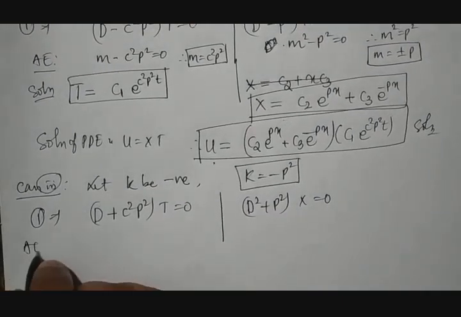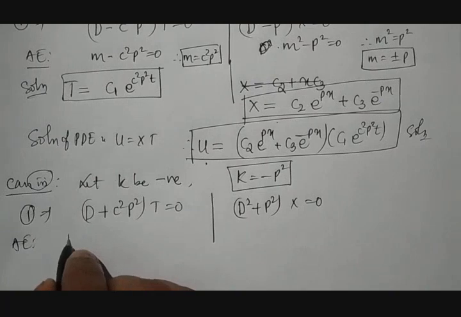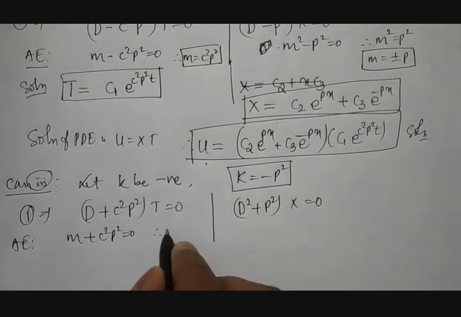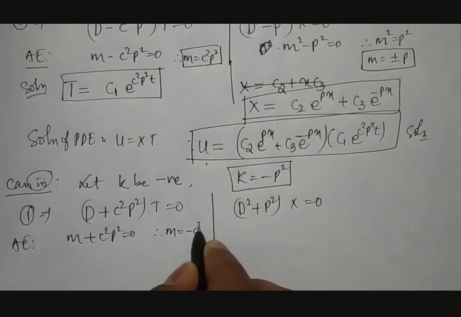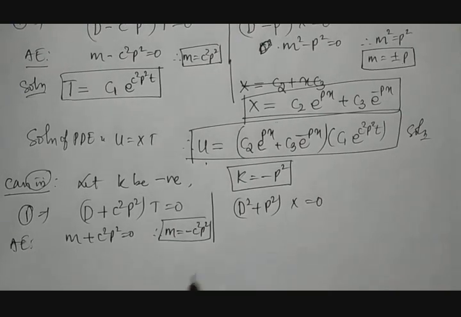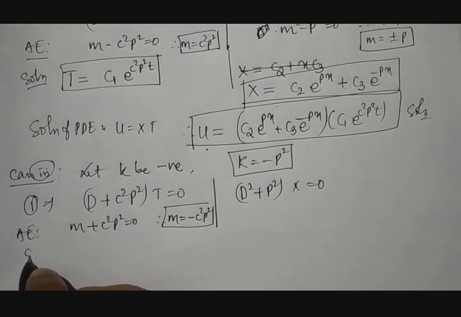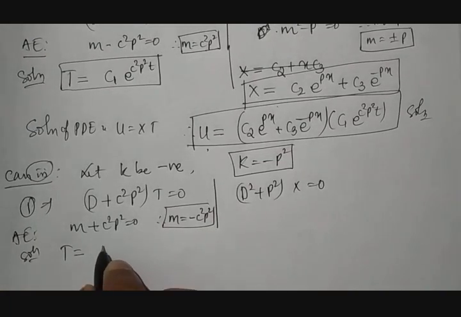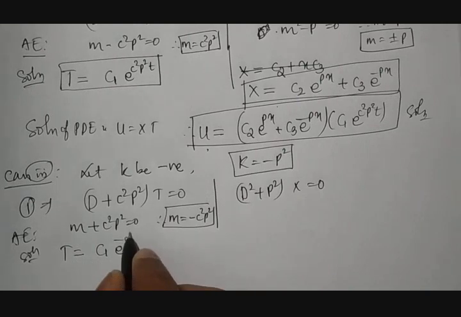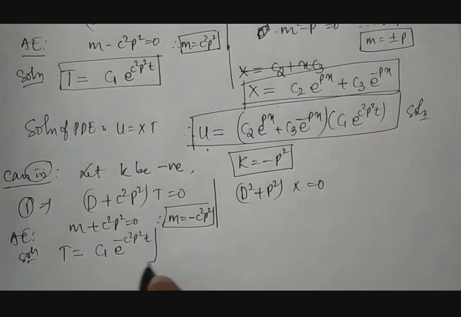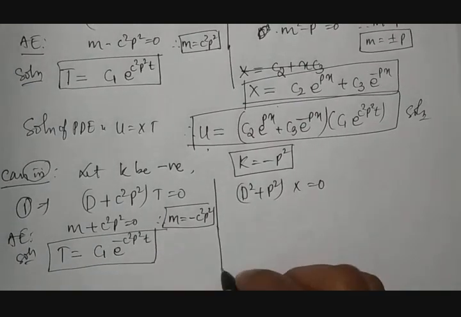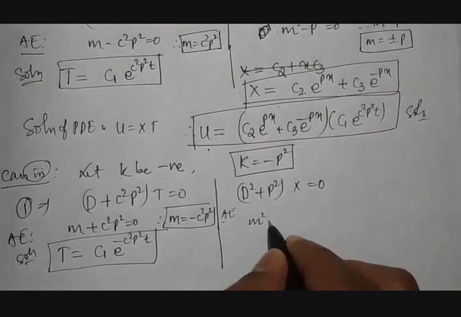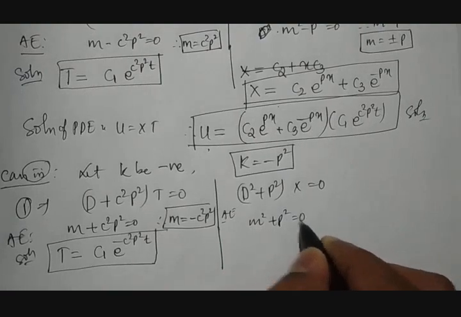Similarly, what is the auxiliary equation? M plus C square P square equal to 0. Therefore M is equal to minus C square P square, and the solution is T is equal to C1 e raised to minus C square P square T. Similarly, if you take the auxiliary equation here, it becomes M square plus P square equal to 0.